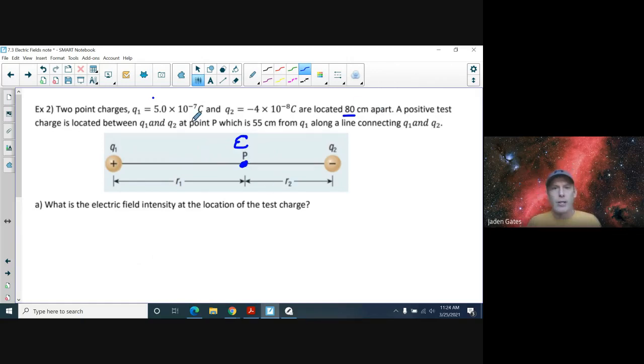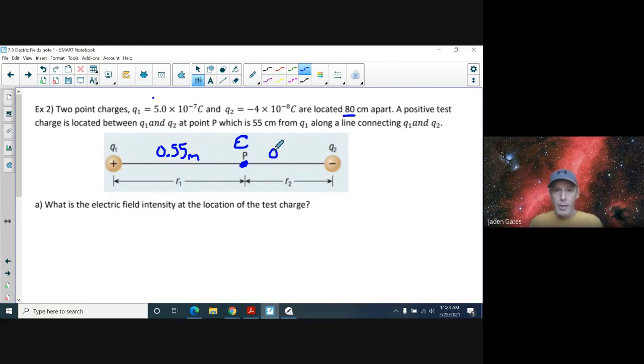Now, again, I want to get my distances right here. So let's see. These 2 are 80 centimeters apart. Okay. A positive test charge is located at point P, which is 55 centimeters from Q1. All right. So we got 0.55 meters over here. And since they're 80 centimeters apart, do some math.